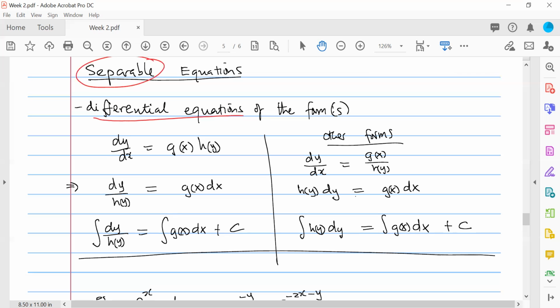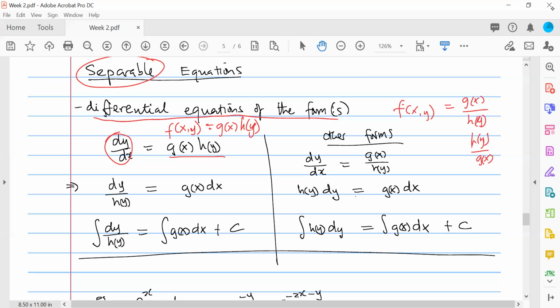These are differential equations of the form where you make the derivative the subject of the formula, and on the right-hand side you can separate the function f of x, y, remember in general, into a product of a function of x and a function of y, or into a quotient, g of x over h of y, or a quotient of h of y over g of x.